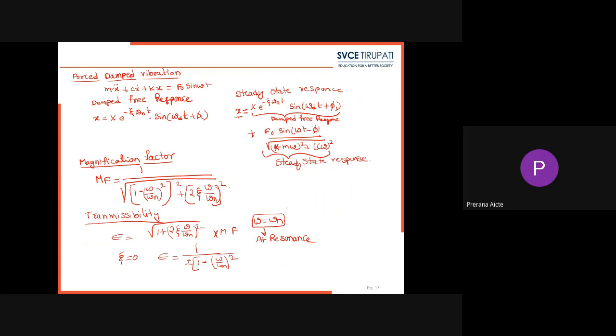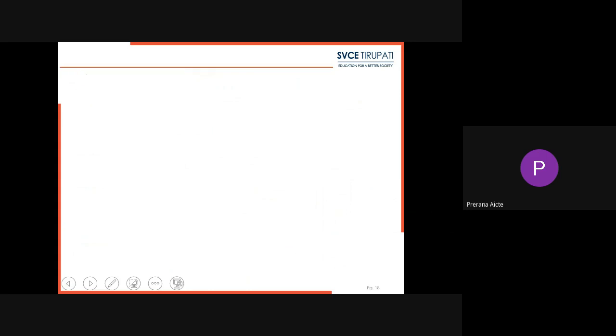So these are the important observations you can make: magnification factor and the transmissibility, which come into the category of forced damped vibration. And then move on to the transverse vibration.